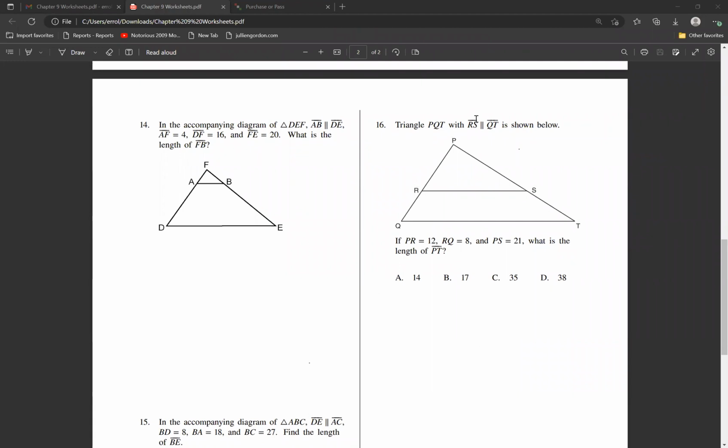What you got for 14? Good. Good. Good. And they're asking for FB.